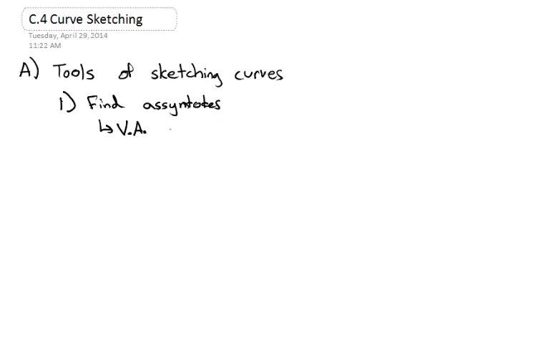We have a vertical asymptote from fractions when the denominator is equal to 0. And we also have horizontal asymptotes at the limit as x goes to infinity of the function. So we're going to find those asymptotes first.